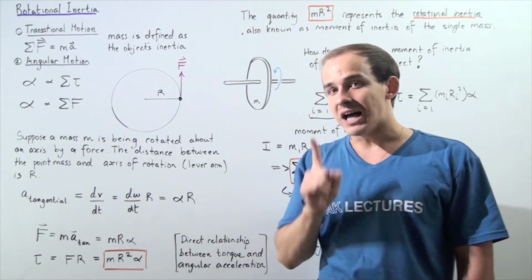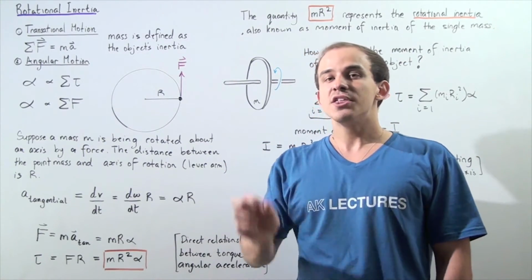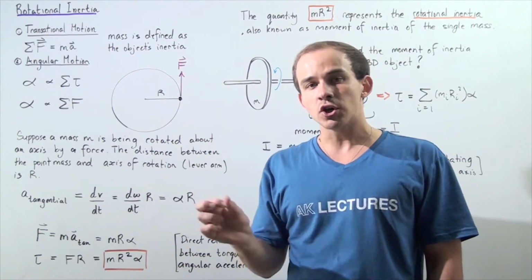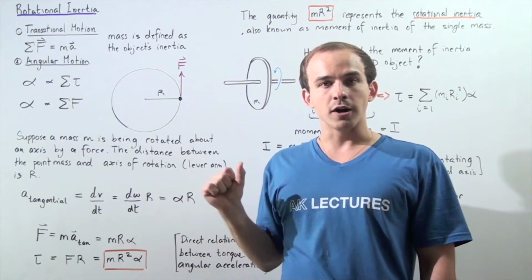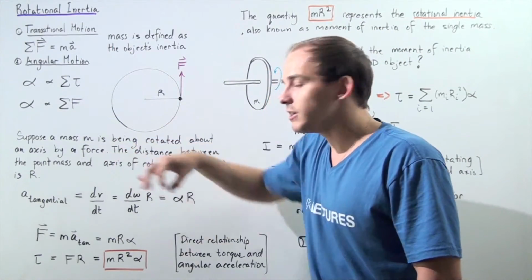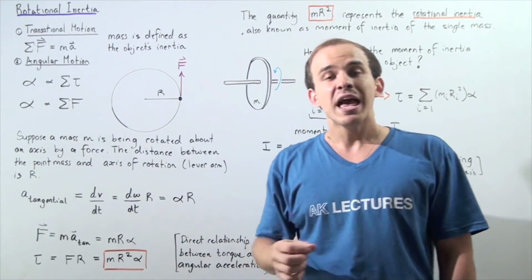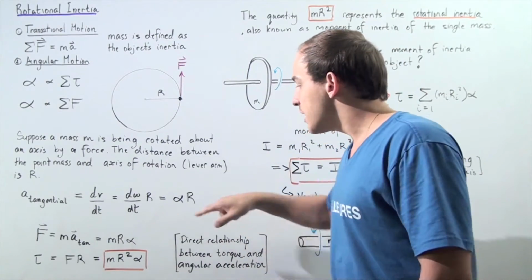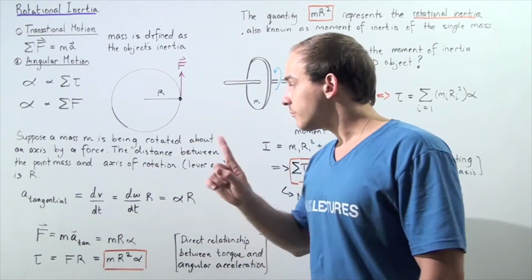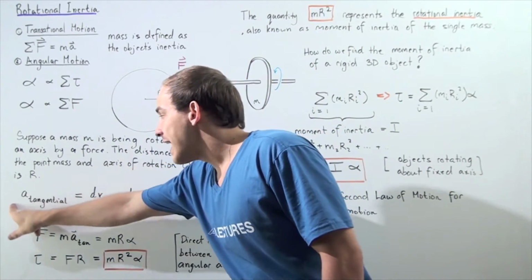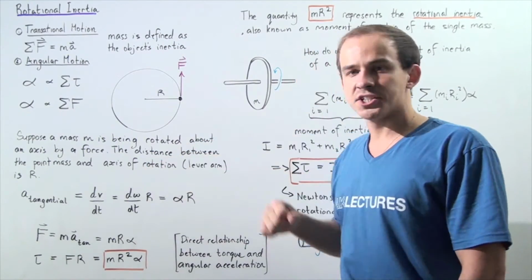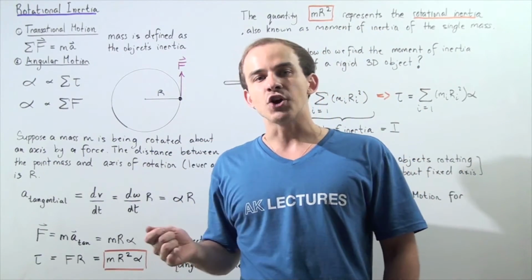And recall that velocity is equal to the angular velocity multiplied by the radius of the circle, in this case, the lever arm. Now we simply take the derivative of our angular velocity with respect to time, and that is equal to the instantaneous angular acceleration. So we see that our tangential acceleration is equal to our angular acceleration multiplied by the lever arm.